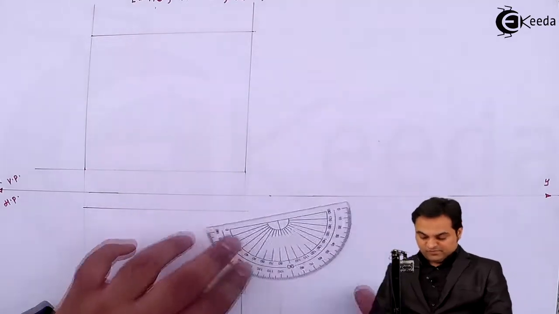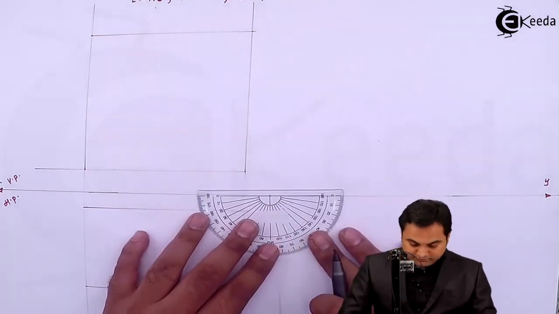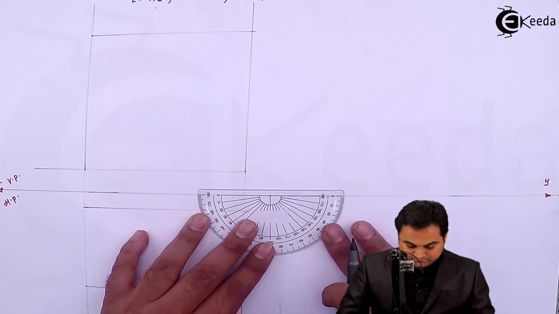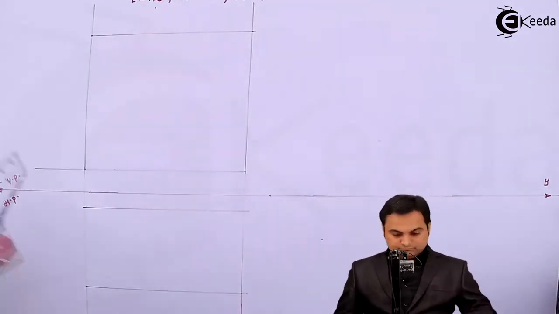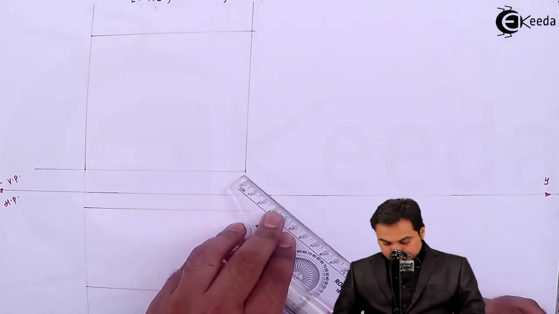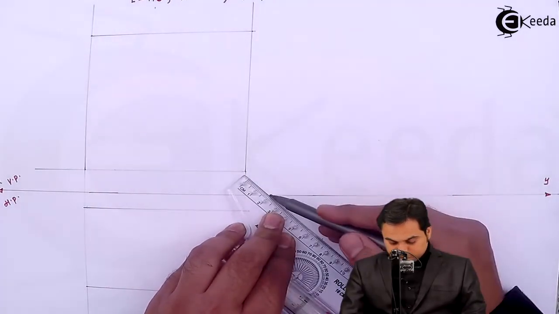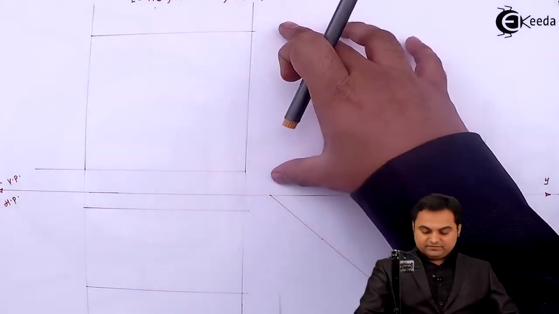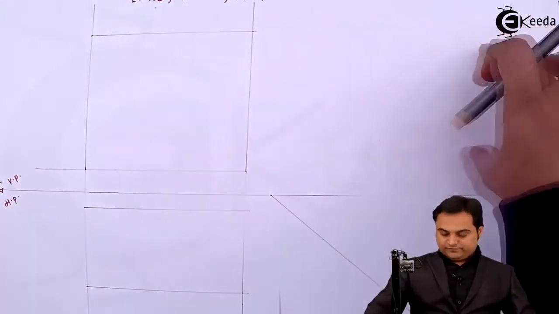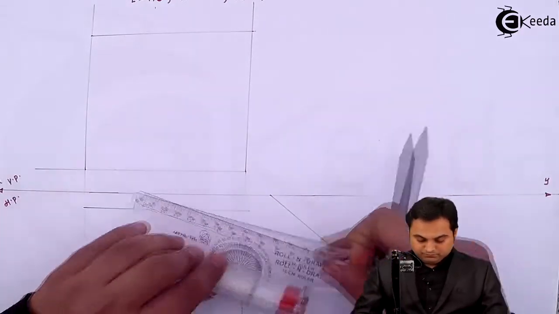Then for the side view, here I am drawing a 45-degree line. Looking from the side, the height and width are visible. Height, I'll get it from the front view. Width from the top view.